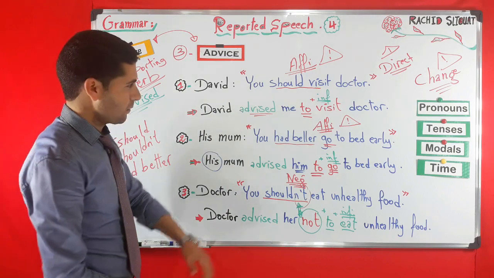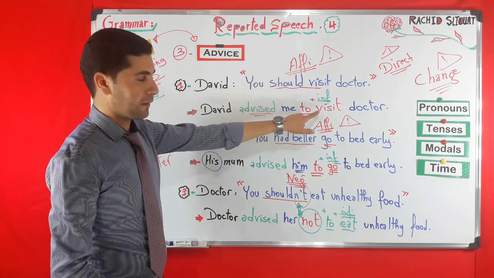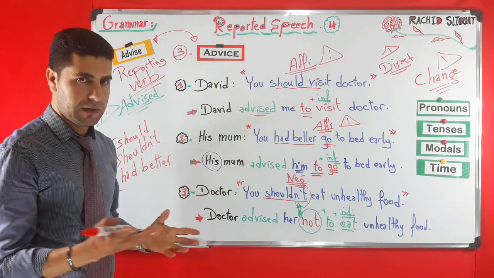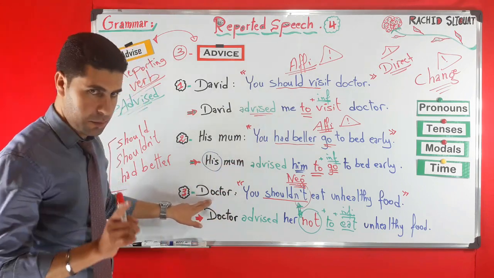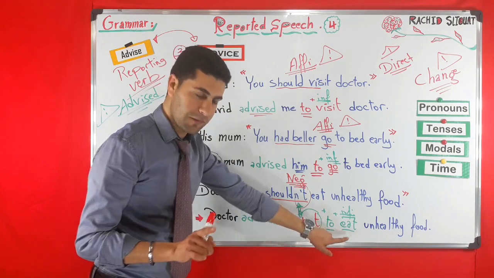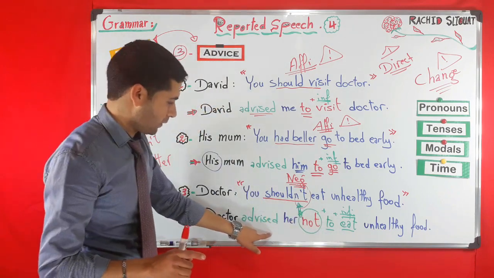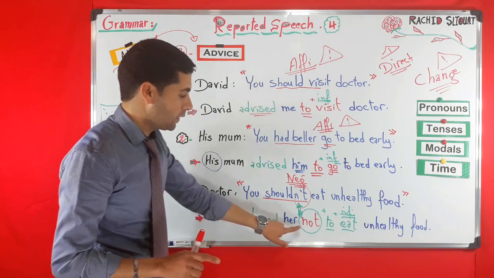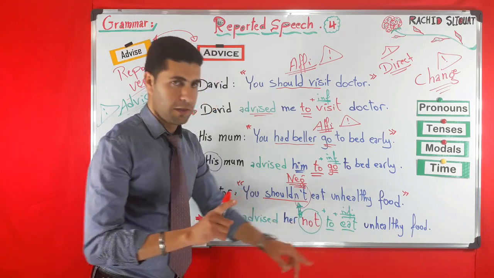Just remember, sometimes it is affirmative, to plus infinitive. Sometimes the advice is negative, just like example number 3. It's always not plus to plus infinitive, like the example: the doctor advised her not to eat unhealthy food, right?